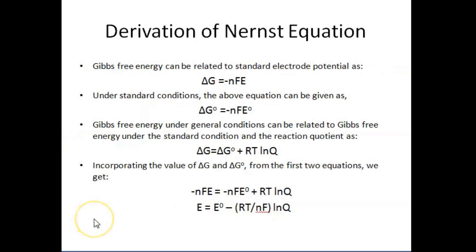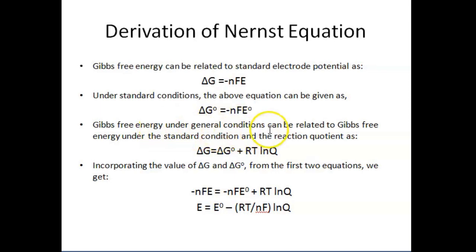So how do we derive this relation? We know that Gibbs free energy can be related to electrode potential as delta G is equal to minus nFE. This is the general Gibbs free energy. Under standard conditions, we can write delta G naught is equal to minus nFE naught.